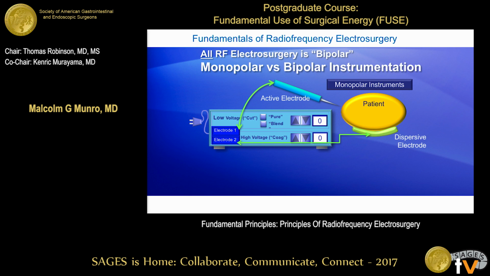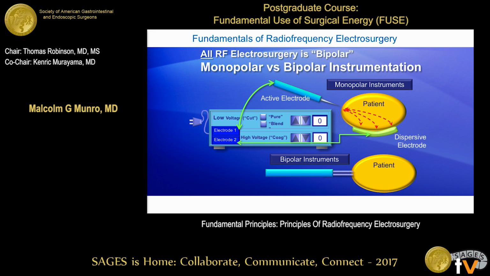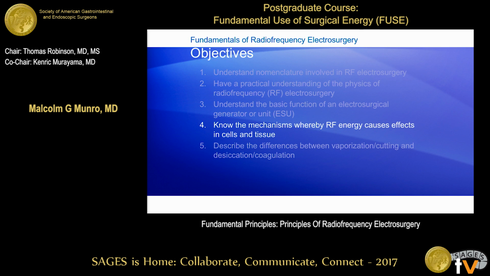And then we hook those up to different ports on our generator, and our patient completes the circuit when we activate it. Bipolar instruments have both electrodes on them. Okay, so that cable has both wires. And in this example, both electrodes are active. And the only part of the patient involved in the circuit is that between the two electrodes. And that creates some safety benefits.